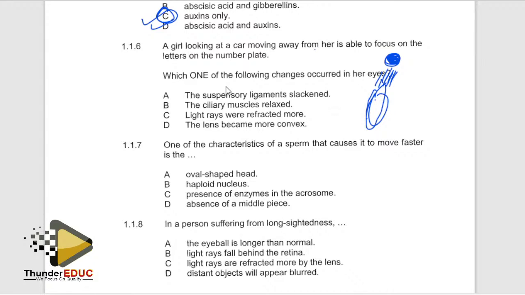All right, the suspensory ligament slackens, but we say it becomes taut. Then they're saying the ciliary muscle relaxes. Yes, this one looks correct. The light rays are reflected more? No, because remember it is a far object. And then they are saying the lens becomes more convex. It is a far object, not any object. Therefore, B becomes the most correct answer.